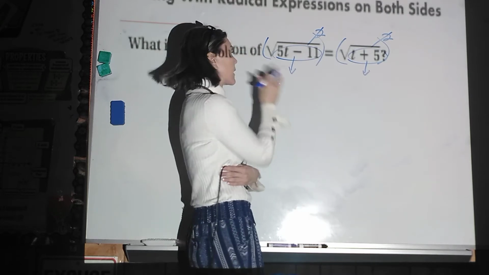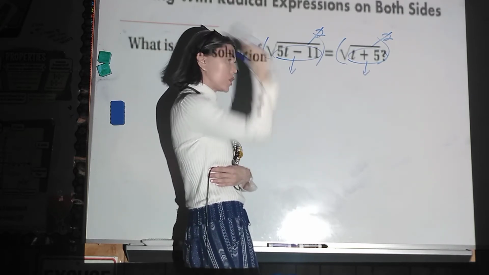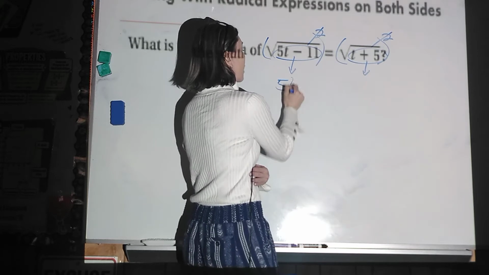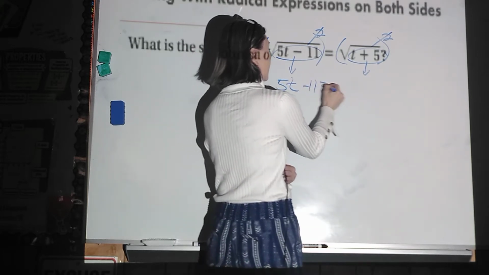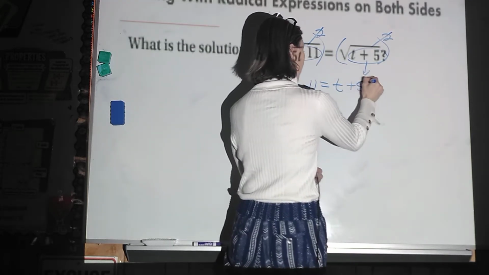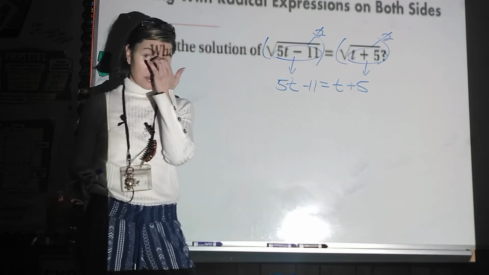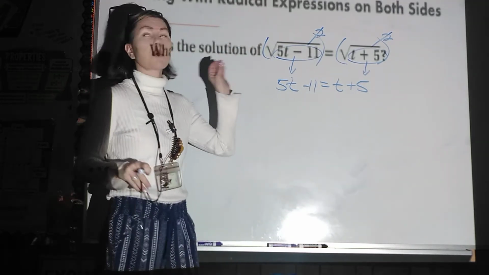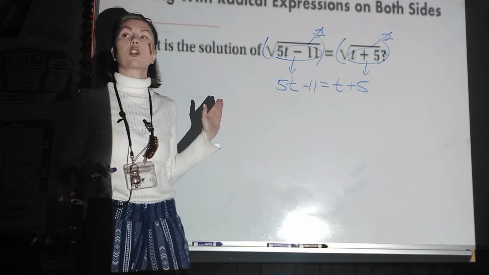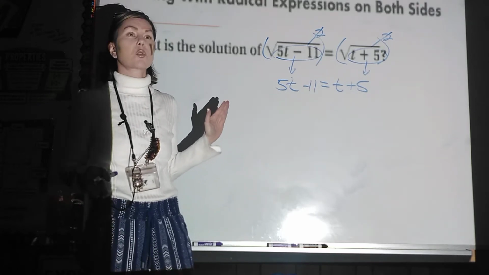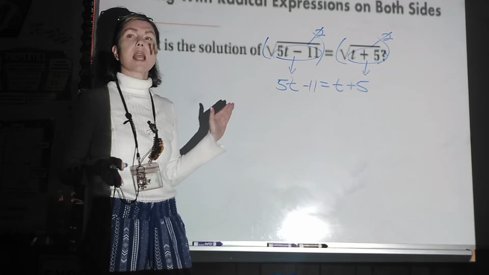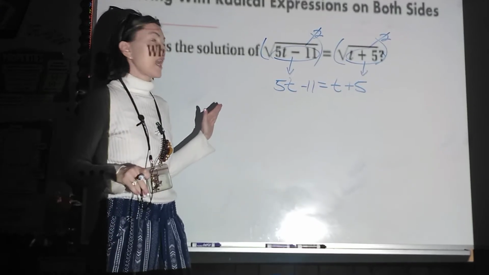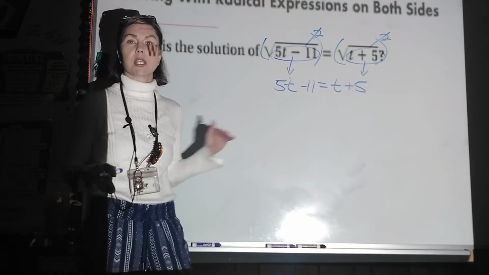You circle it, draw the arrow, do it even though it's corny, do it now. Bring it down, 5t minus 11 equals t plus 5. Okay? So when you square both sides, you took away the radical because that's the opposite of taking the square root of something. Bring it down, okay? And now we are free to solve for t.